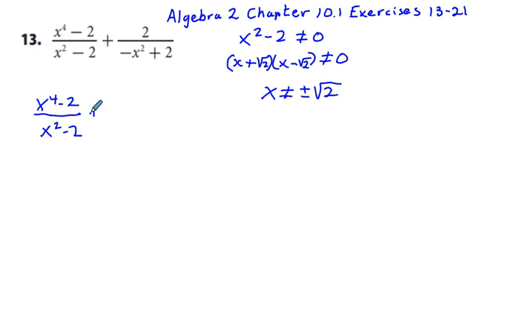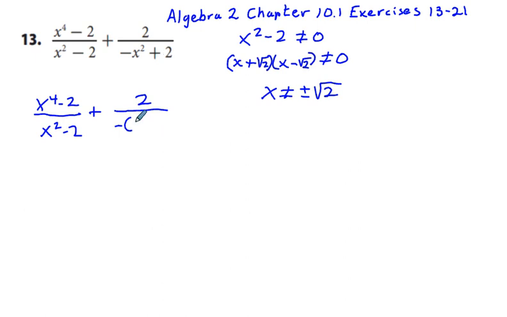And we're going to add. Now, to get our common denominator in the second fraction, I'm going to factor out a negative sign from each term in our denominator.